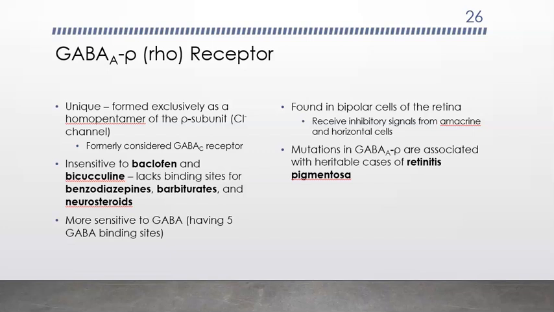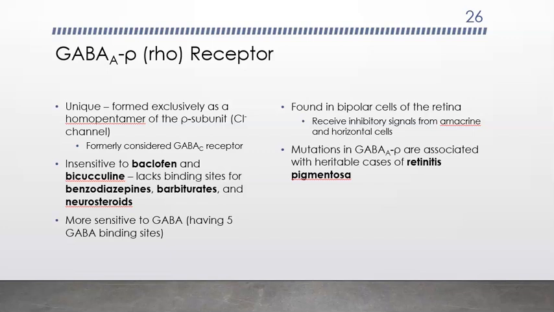We tend to find these receptors in the bipolar cells of the retina, and this would then receive those inhibitory signals from the amacrine and horizontal cells. Remember, GABA itself is inhibitory, so we're receiving an inhibitory signal.